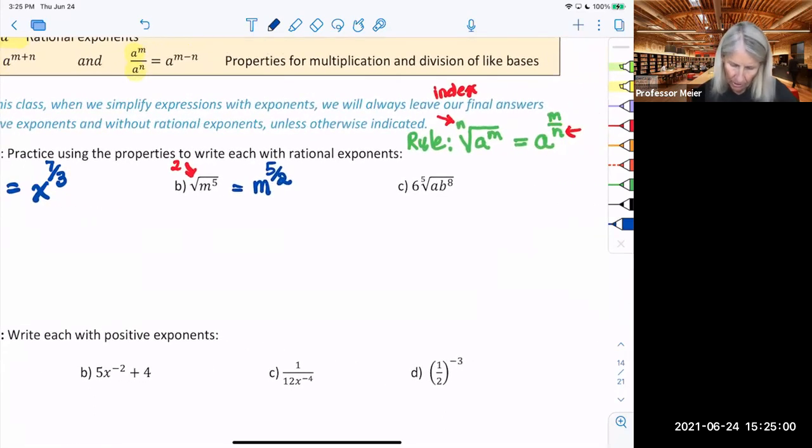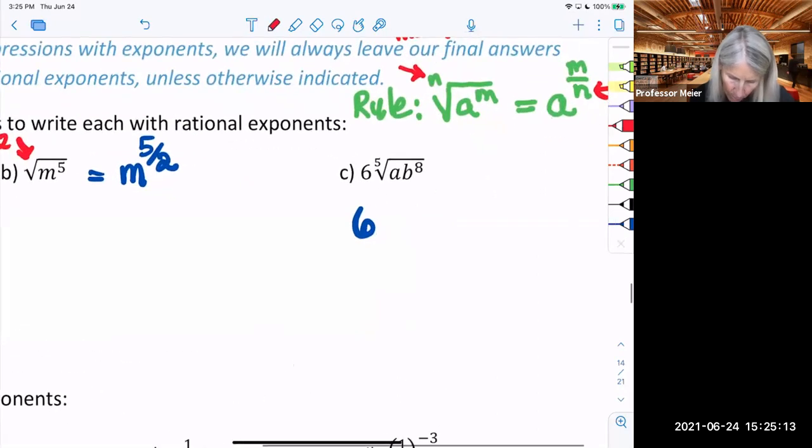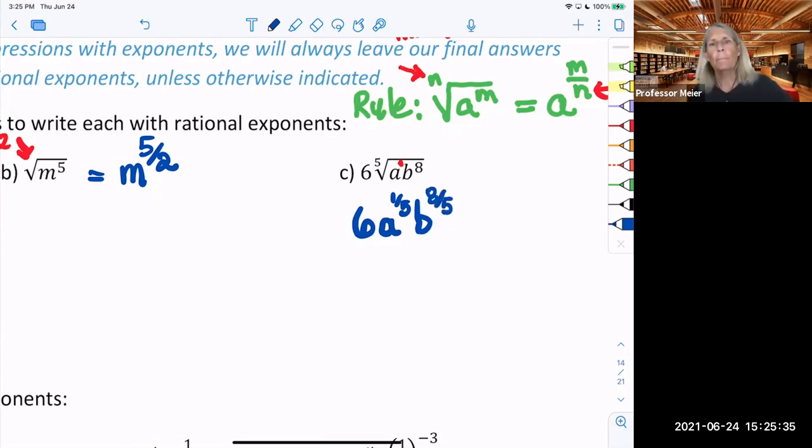Okay. And then part C is a little messier. We have a 6 in front of the radical, so let's just leave that 6 where it's at. So we have an index of 5. Now the a on the inside here has an imaginary 1 for an exponent. Let me zoom in here and put a little 1 there. So that's supposed to be a 1. So when we rewrite this, it's going to look like this. So that a to the 1st power, because it has a 5th root, will be a to the 1/5, and the b will be b to the 8/5 power.